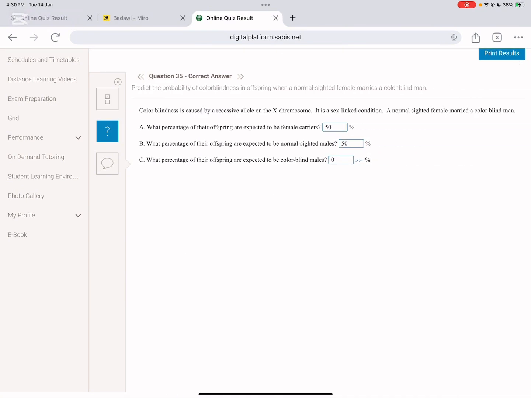Here they're telling us color blindness is caused by a recessive allele on the X chromosome. It's a sex-linked condition. A normal-sighted female married a colorblind man. What percentage of their offspring are expected to be female carriers? What percentage are expected to be normal-sighted males? And what percentage are expected to be colorblind males?